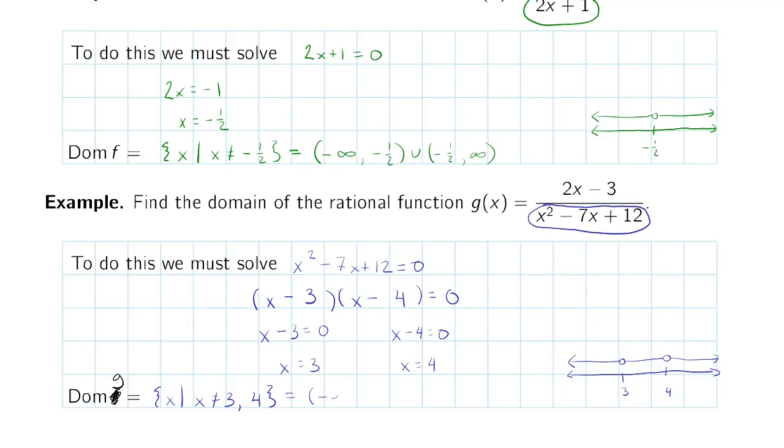This will be negative infinity up to 3, union 3 up to 4, union 4 up to infinity. Again, if I was going to write this set for a human, I would write it like this. Computers often insist on this.